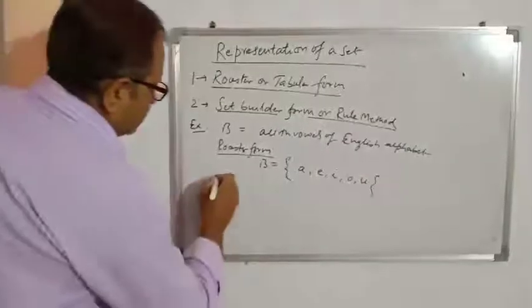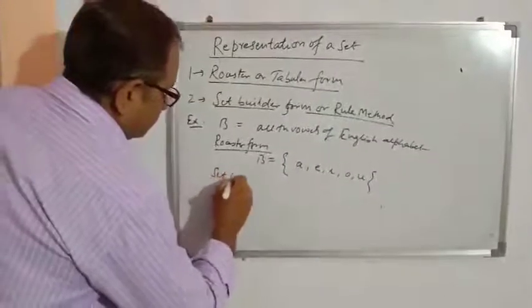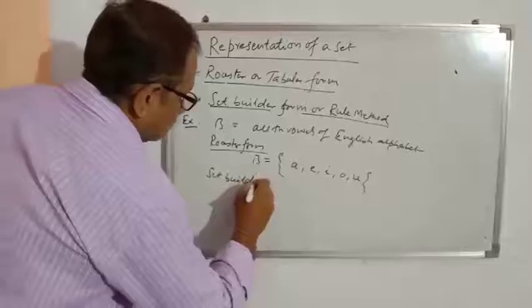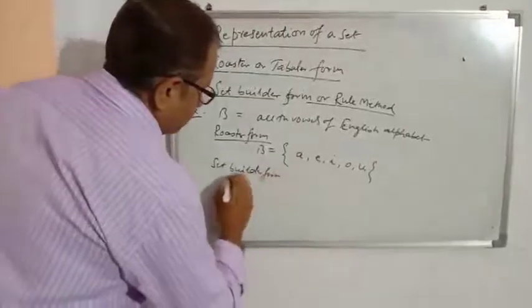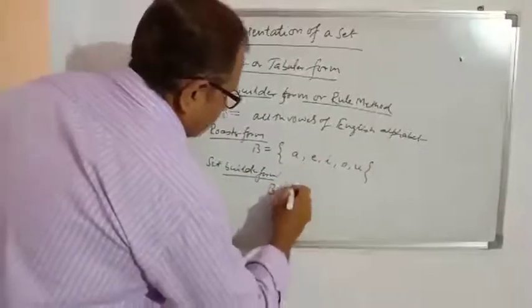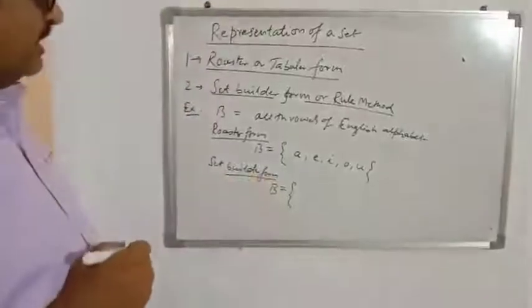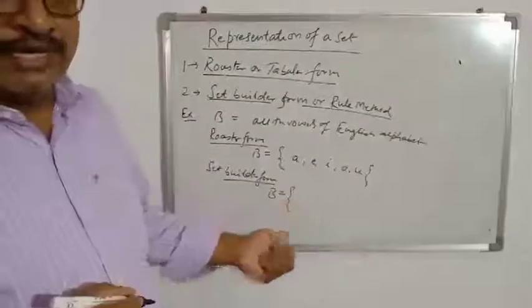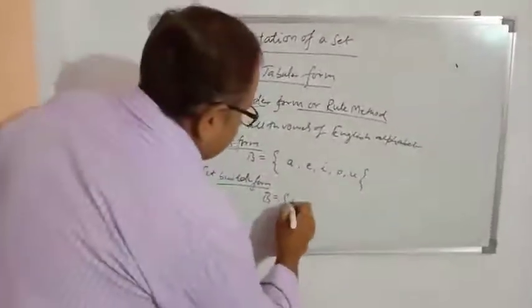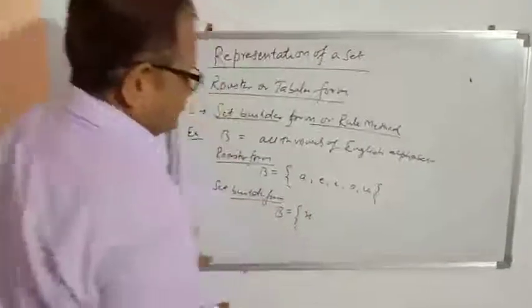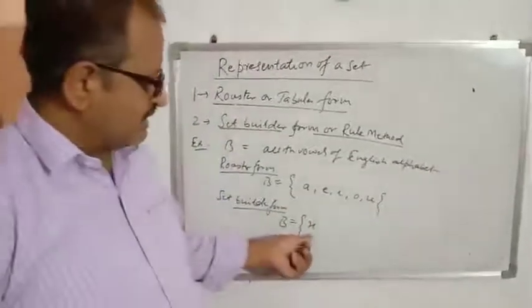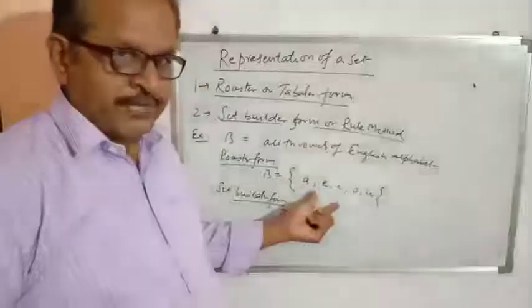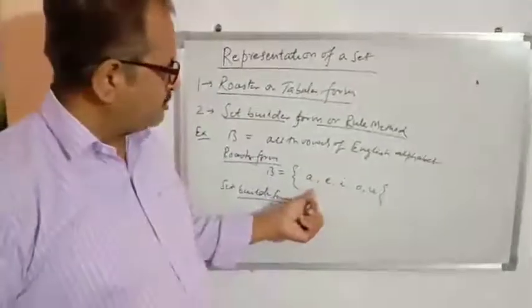But if we have to write in set builder form, the same set can be written as, how we can write? We will use one variable x such that, and what is x? x tells the common property of the set, and common property is what?